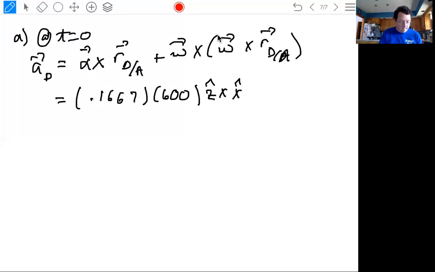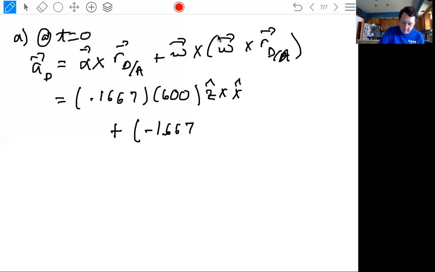Hold on, I'm going to make sure I didn't get this wrong. Yes, this is the position of D relative to the center of the disk, so it would be positive 600. That's all correct.